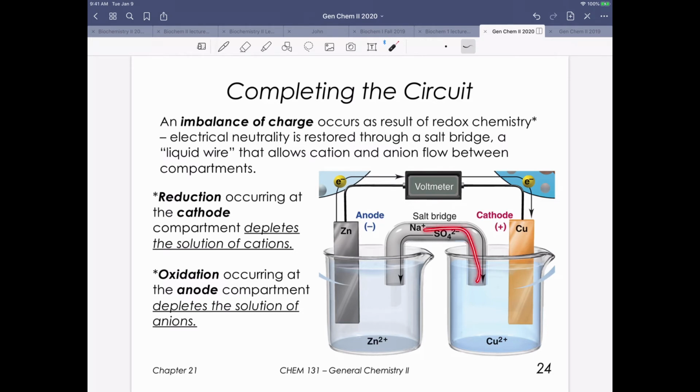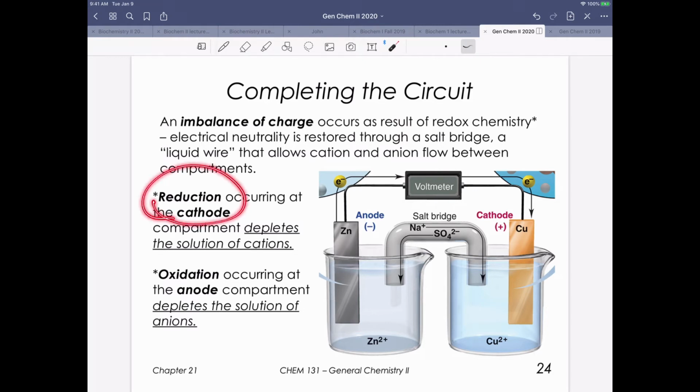So that happens through what we call a liquid wire. We're actually going to have a physical solid wire, a metal wire that the electrons flow through. But these cations, or these anions, are going to flow through this salt bridge, which helps to neutralize that imbalance of charge that happens because of the separation of these two redox reactions.